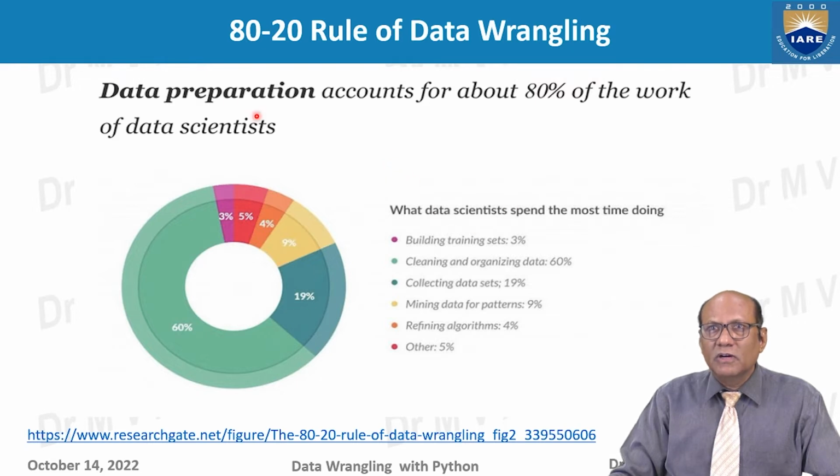Here, this is the statement which I took from this source. This is from ResearchGate. You can go through this link where this is stated, and this is shown here as an annular chart. If you see the list here, what data scientists spend most time doing: 3% of the time, the data scientist will be building the training data sets, and 60% of the time in organizing and cleaning the data.